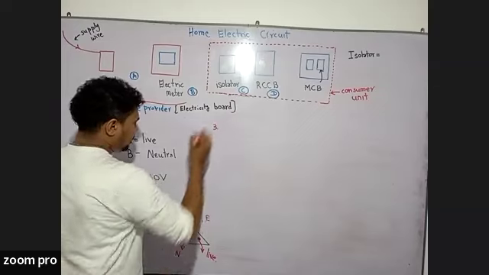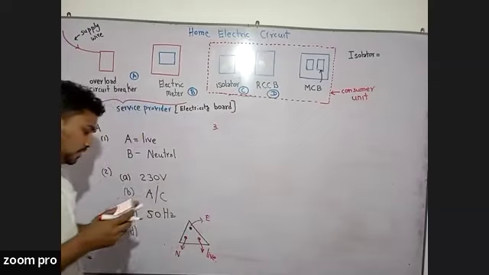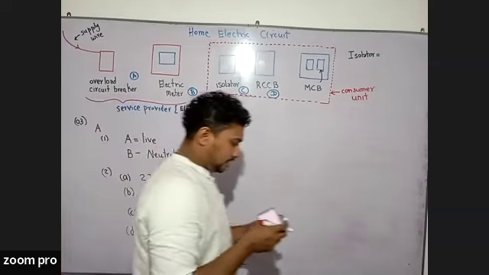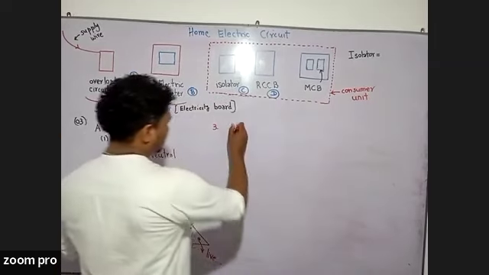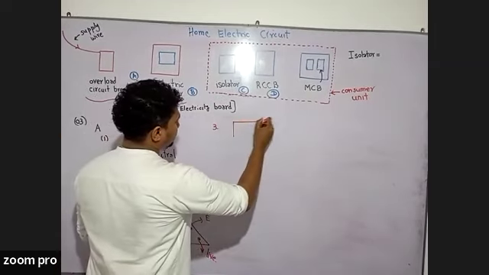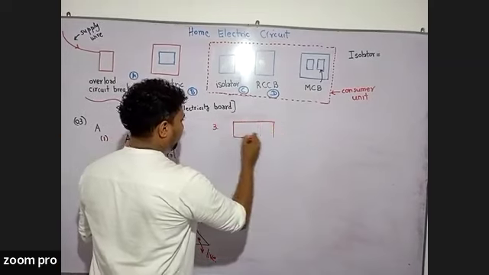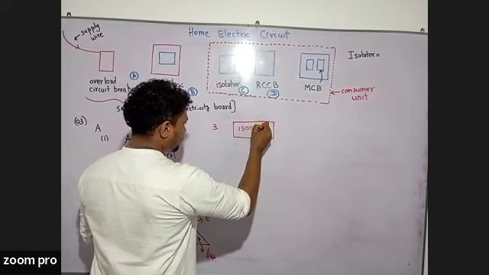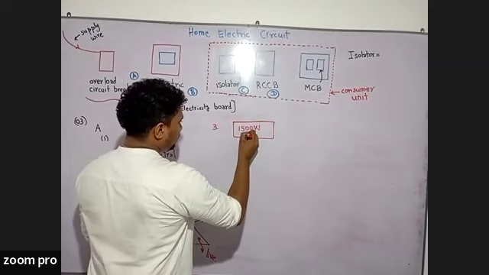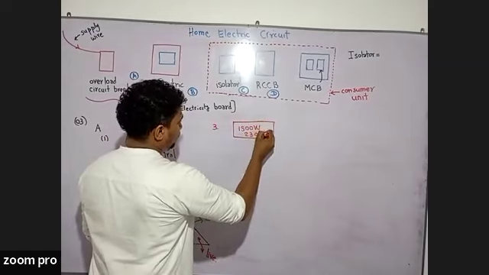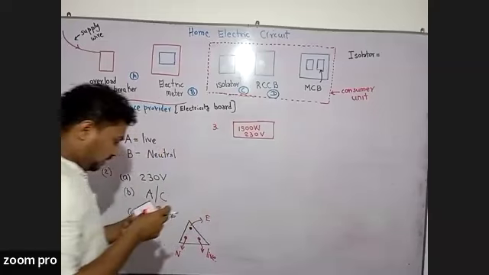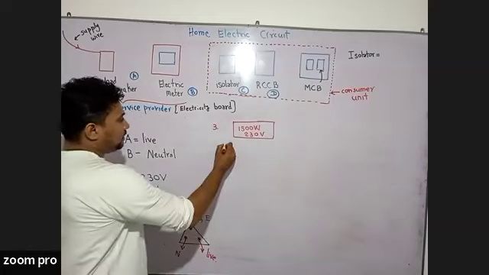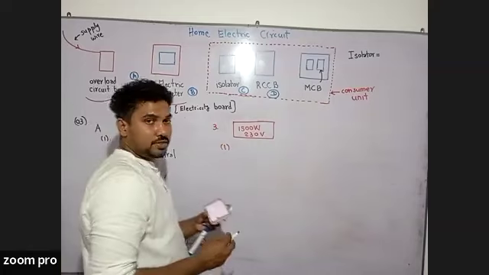In the third part of this question, observe the label of the electric cooker and write the answer. Right. They have given that the rating of this electric cooker is 1500 watt and 230 volts. First one, what do you understand by 1500 watt?